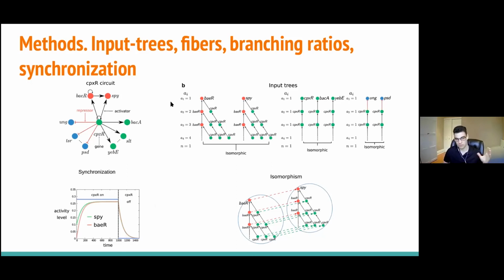Now I'm also going to briefly introduce one small thing because I'm going to need it a bit later. The branching ratios. If you look at the number of nodes at each layer in the input tree, you can find the branching ratio as the number of nodes in layer I+1 over the number of nodes in layer I, for I going to infinity. So basically the number of nodes in the next layer to the nodes in the previous layer far away.